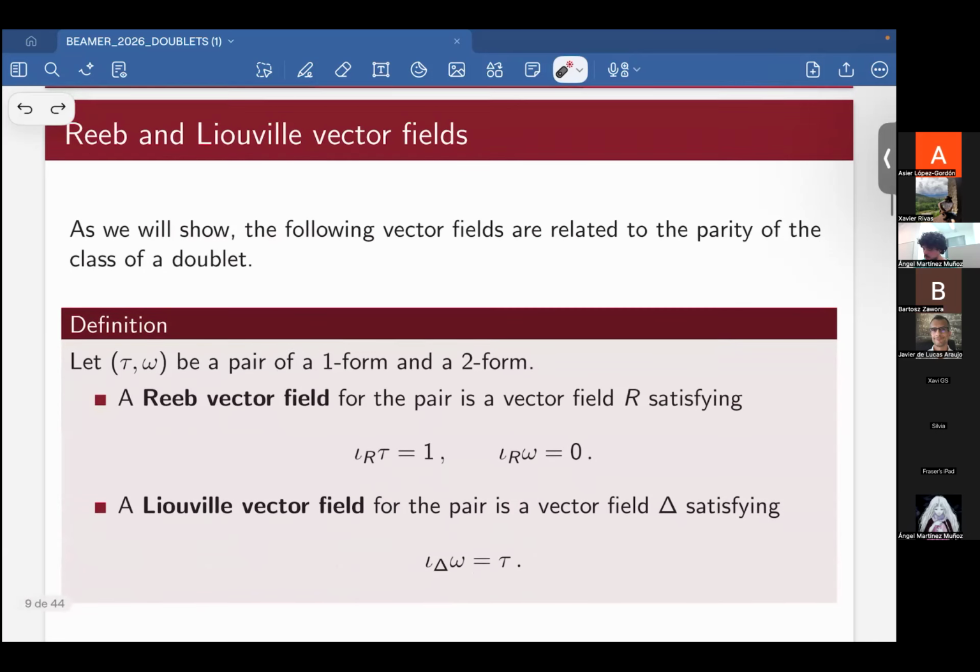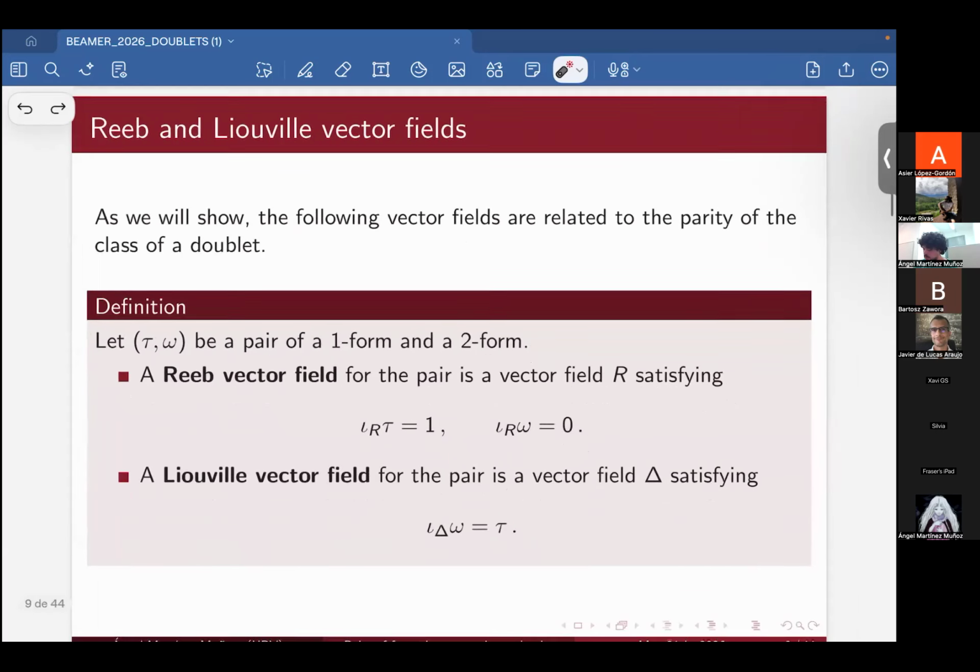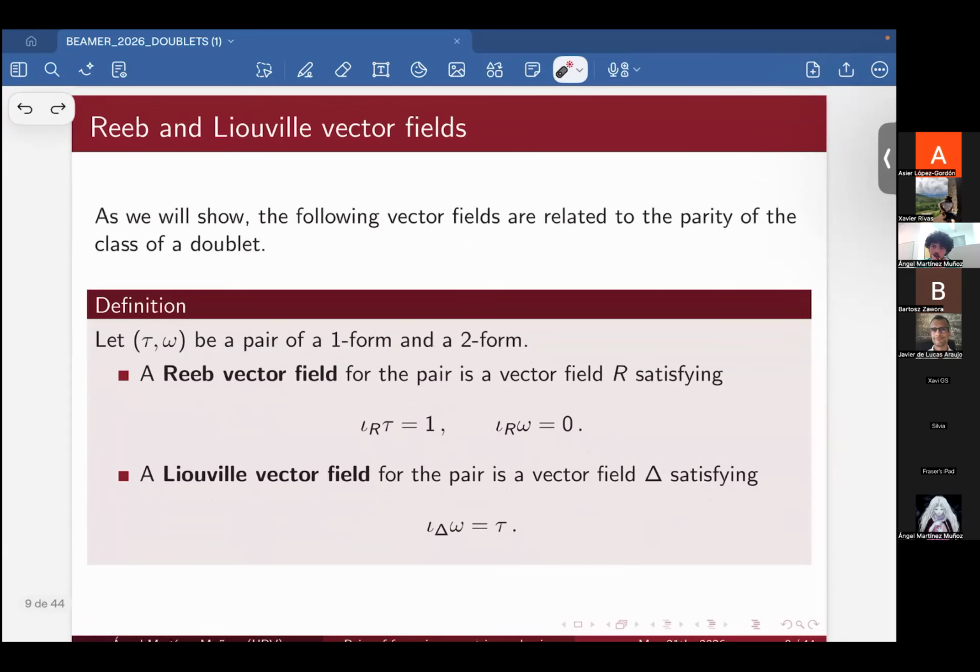And then it will also be very useful to think in terms of these vector fields here. As I will show you, there's a theorem which relates this parity of the class to the existence of certain vector fields.